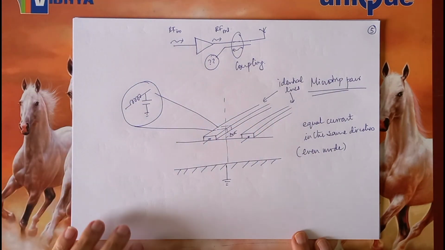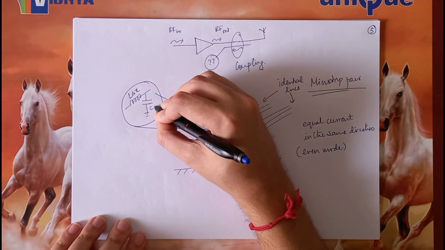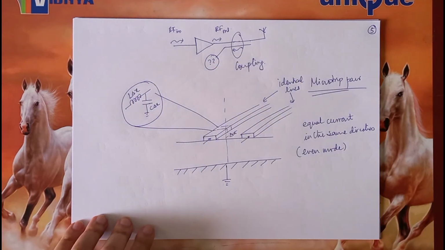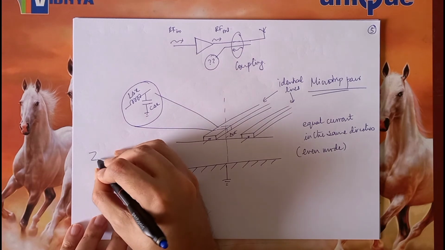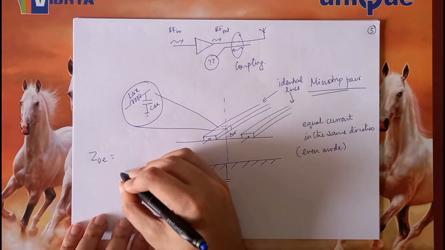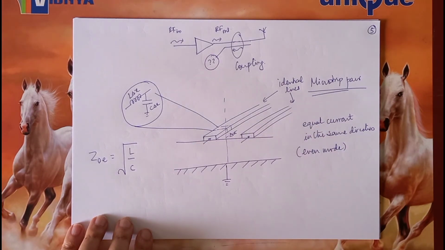If you assume that this line is lossless, then this inductor will be L delta x and this capacitor will be C delta x. So the characteristic impedance of each line in the even mode, I can define as Z0E, and as per transmission line theory, we know that it is the square root of L by C.